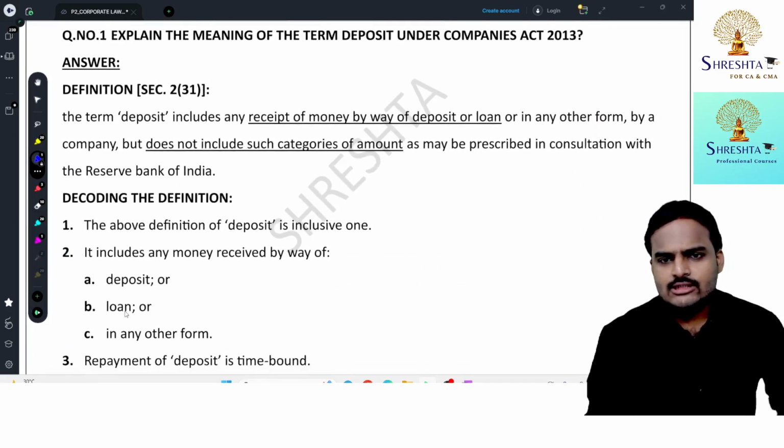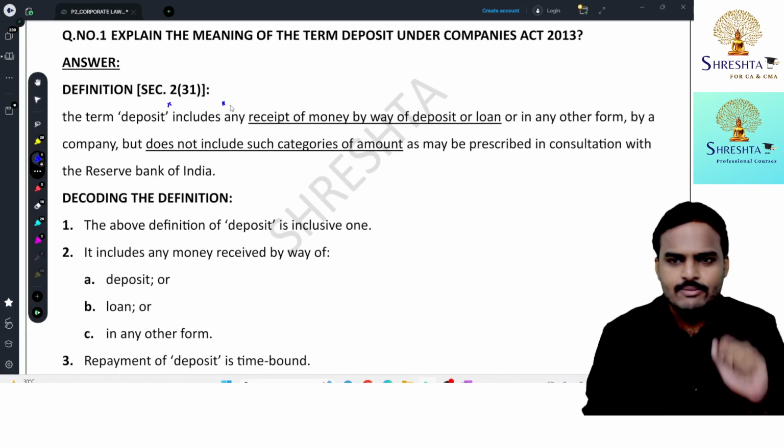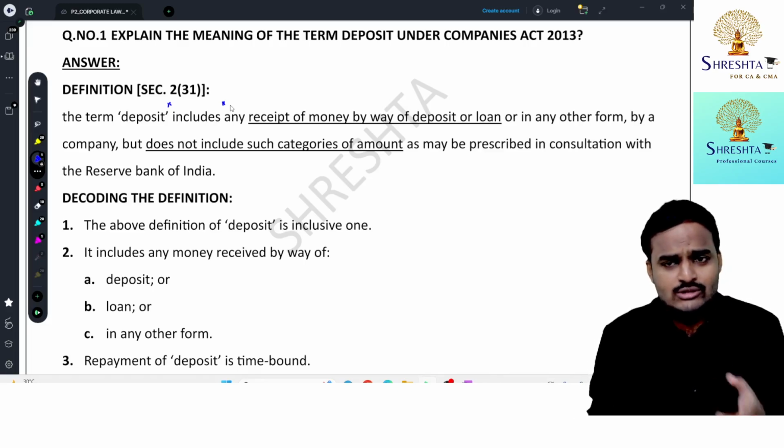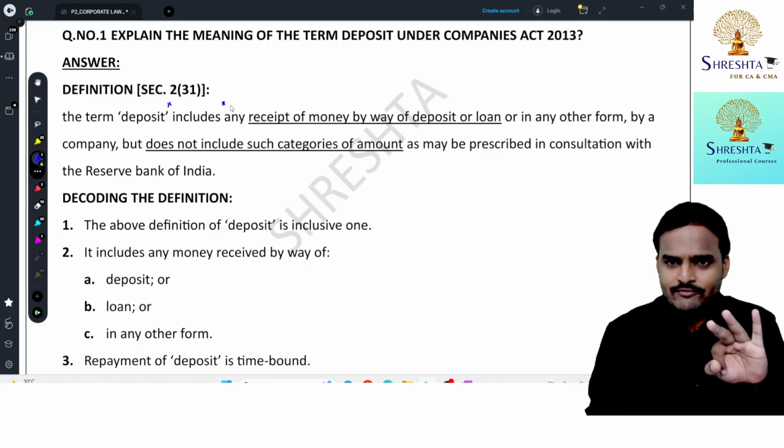The term deposit, definition. See, deposit includes... similar to the definition we studied in the debentures concept. Debenture includes debenture stock, bonds, and any other instrument evidencing a debt to the company. So three items are covered under the definition of debentures.